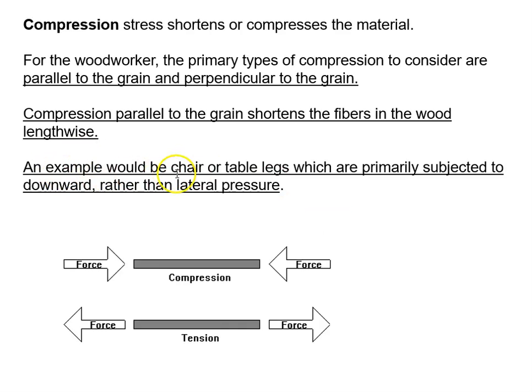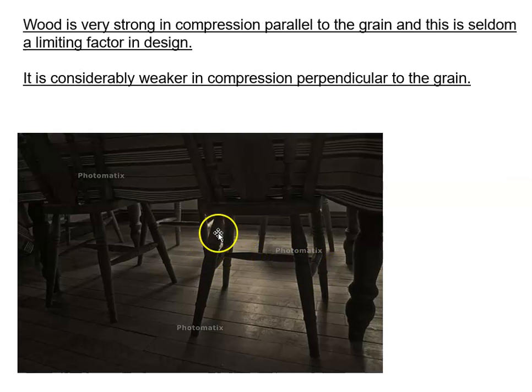An example would be chair or table legs, which are primarily subjected to downward rather than lateral pressure. A chair or table leg is essentially a small column, and we see that here. Wood is very strong in compression parallel to the grain, and it's seldom a limiting factor in its design. So that is not a problem with our chair or table legs.